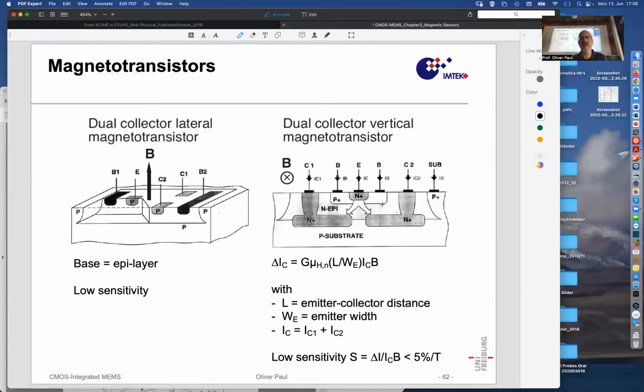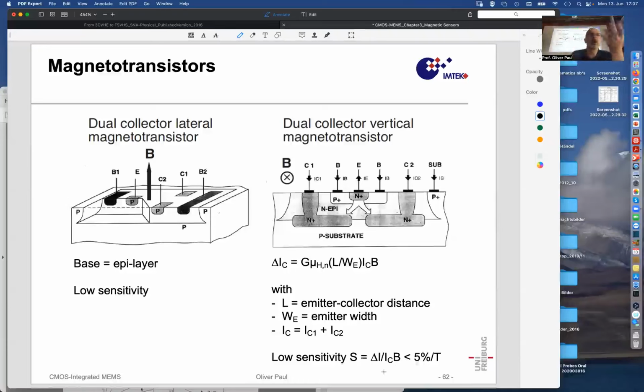Is that really what makes this device sensitive? Other people have said, no, that's not the case. It is some modulation of the emitter collector base depletion zone. That's where the thing is developing. And well, whatever the conclusion is, actually the sensitivity is quite low. Yeah, it's quite low.